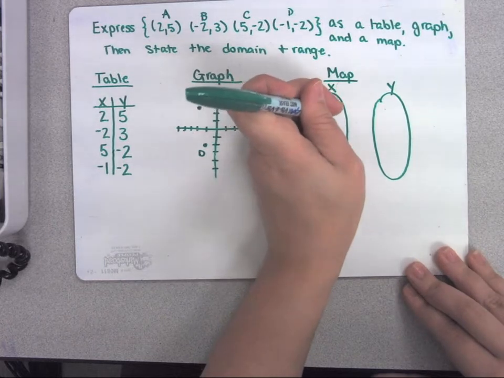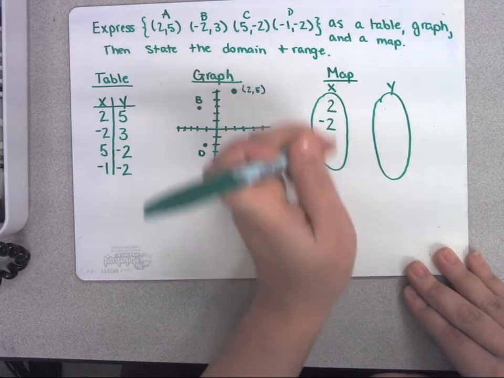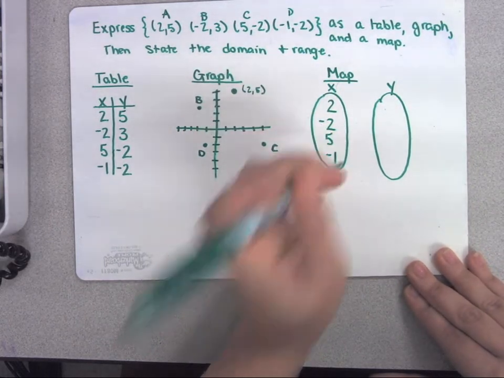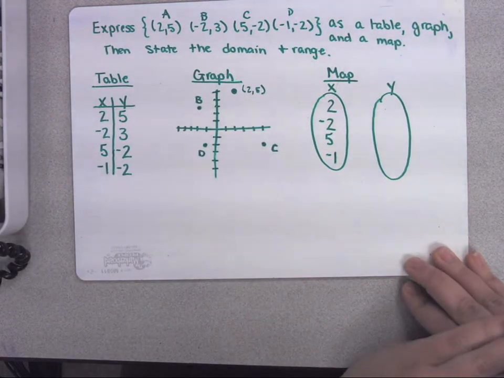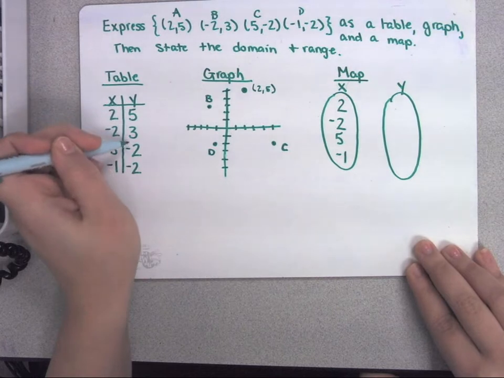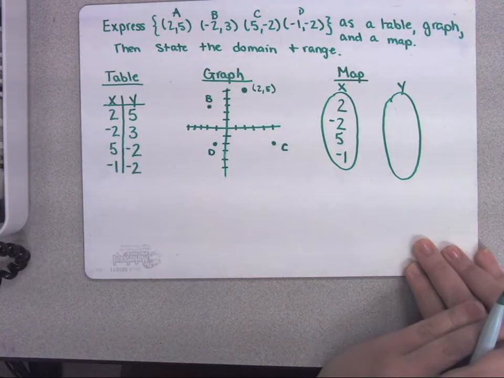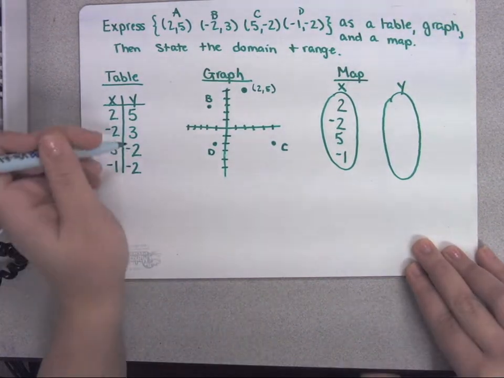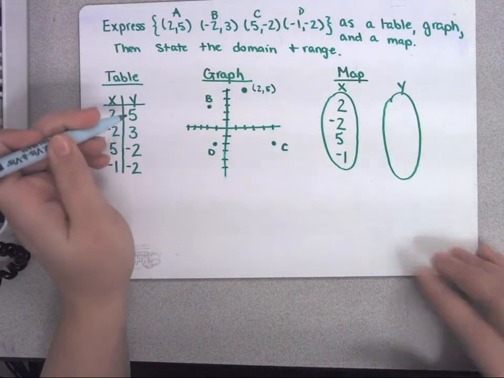So 2, -2, 5, and -1. So just copy that right over. Now my Y's, look at your Y's real quick. Do any of those numbers repeat? Yeah. So we do not want to write the repeats. We just write it once.